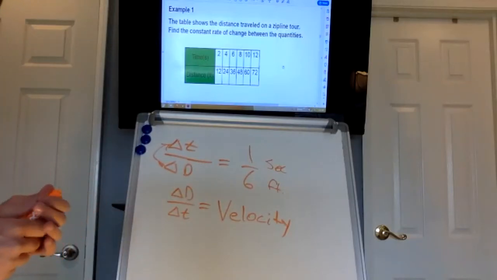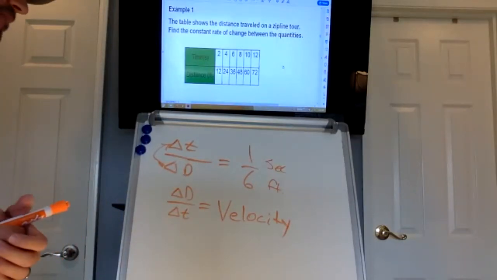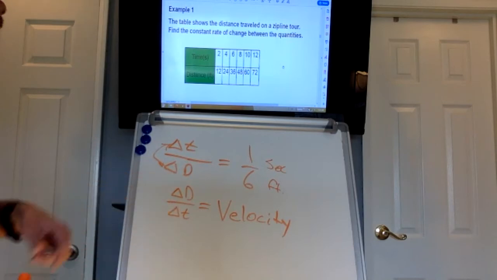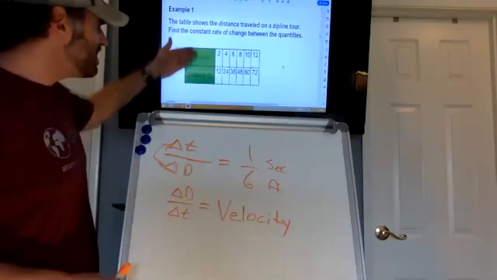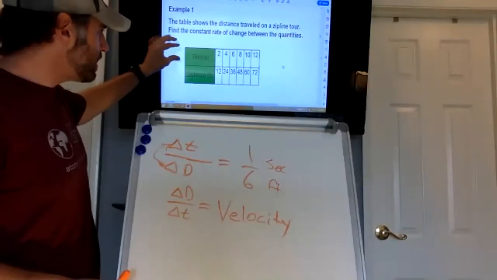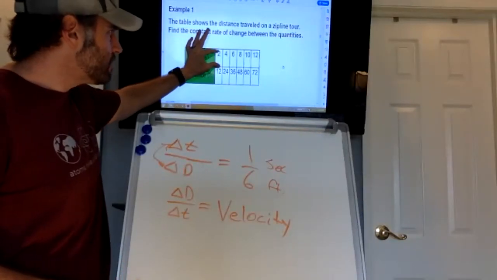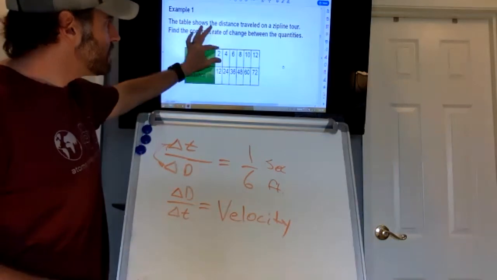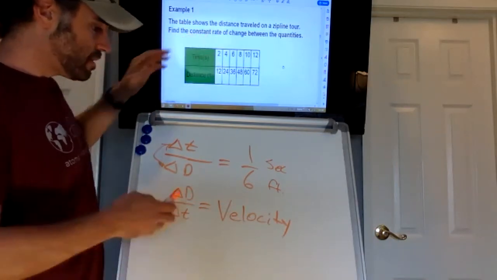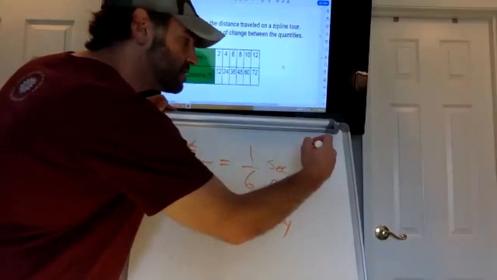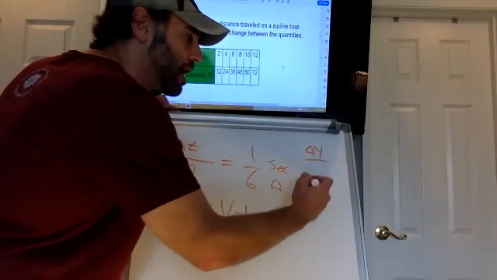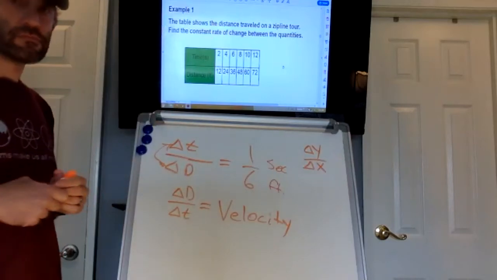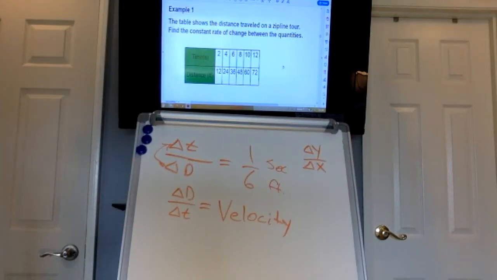That's why I like to have it in this form. Also, when I read these tables, I typically read the top as my input, which gives me the output. Input, output. X's, Y's. Typically we do delta Y, the change in output with respect to the change in input.